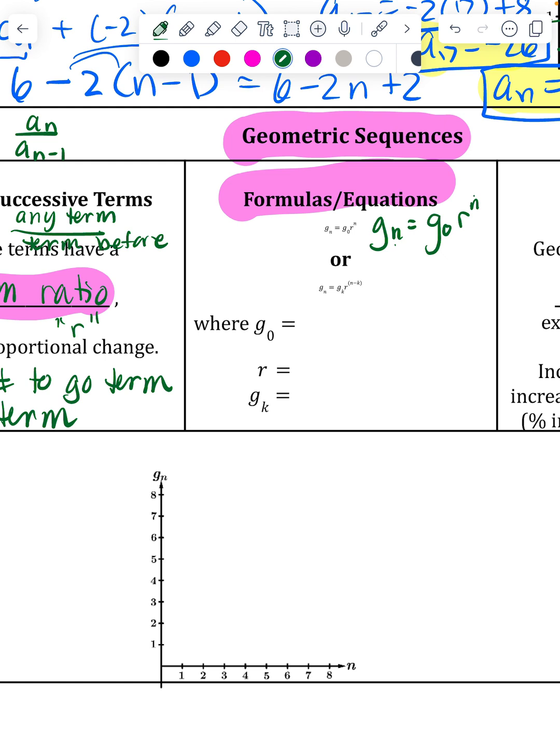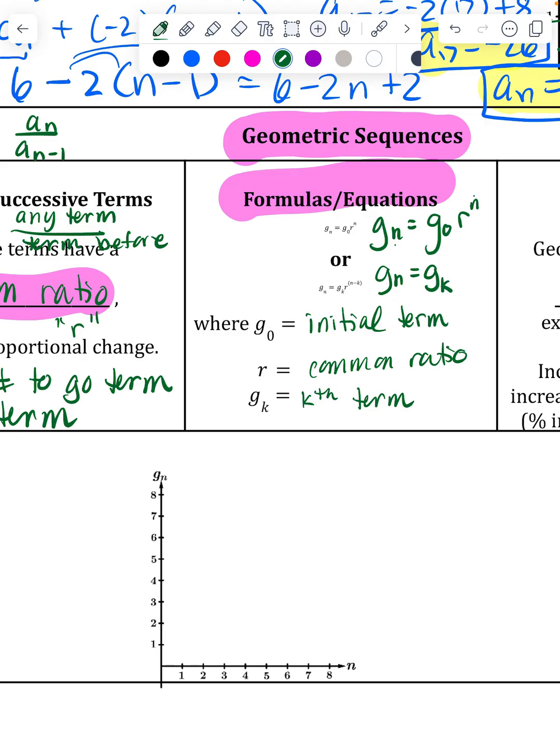But as we learned with arithmetic, we don't know the initial term all the time. So sometimes they give us the third term or the fourth term. And this is just going to be that kth term, whatever term it is in the list. So in general, if you're looking for a specific term value, you would take your starting term, multiply it by your ratio, and then n minus k in the power to figure out how many spaces are between where you're starting and where you're ending.